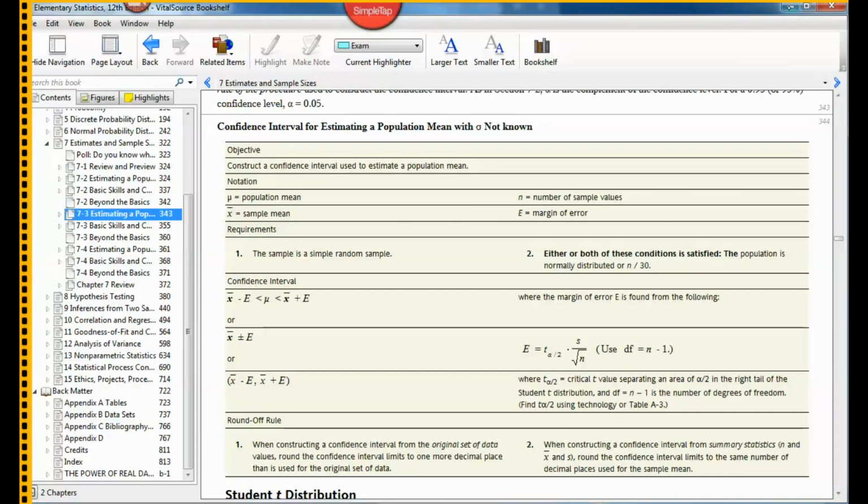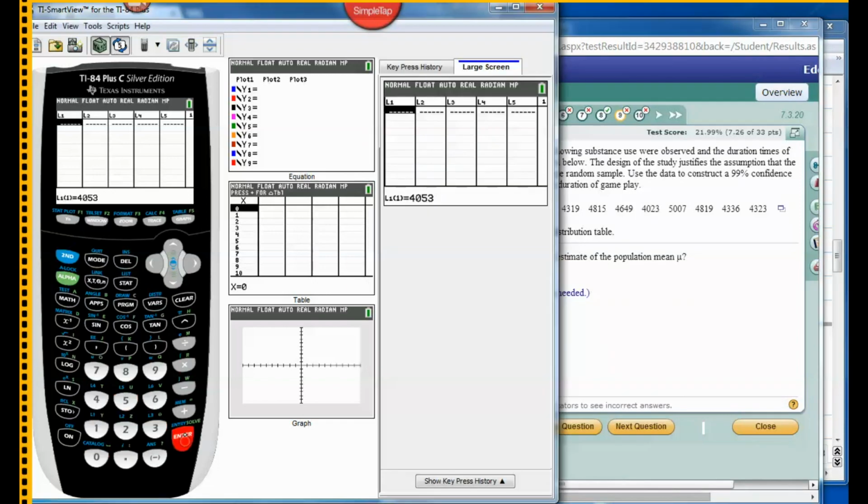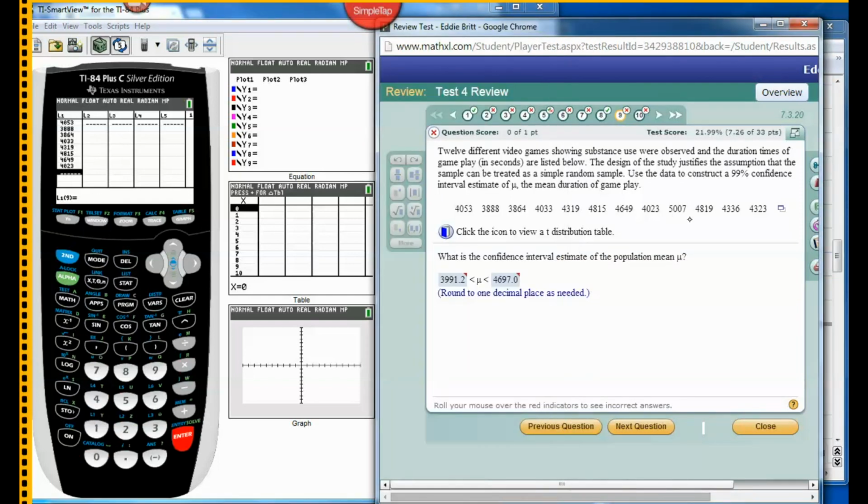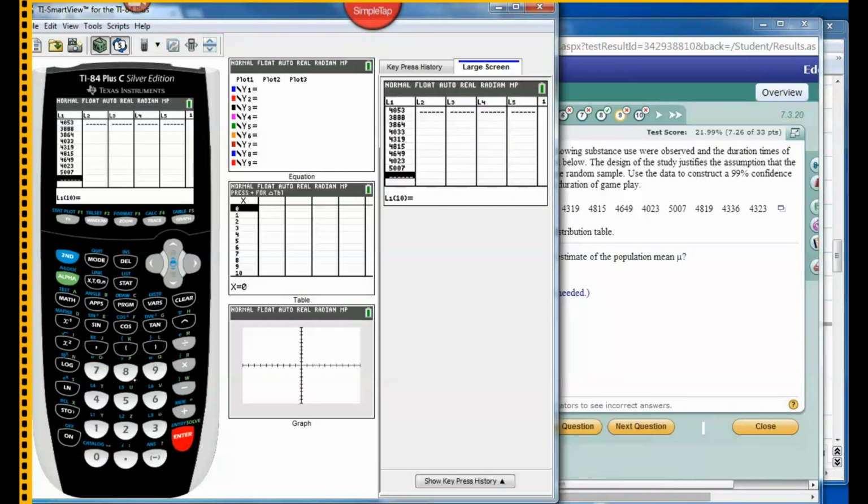Trying to get these lined up. 4053, 3888, 3864, 4033, 4319, 4815, 4649, 4023, 5007, 4819, 4336, and 4323. So there's my data set.